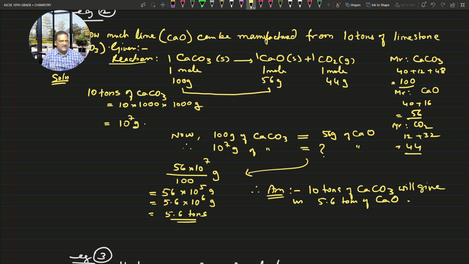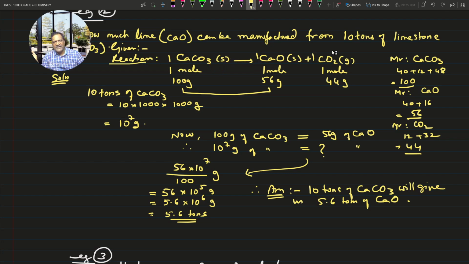Now limestone is CaCO3, calcium carbonate. You get lime, that is CaO, from limestone, that is CaCO3, and this is done by heating this limestone at very high temperature, and it is processed in huge factories. Somehow you get this lime, that is calcium oxide, from this calcium carbonate.